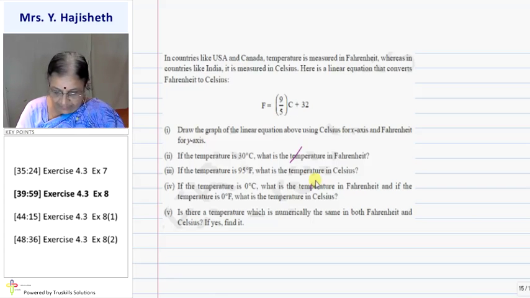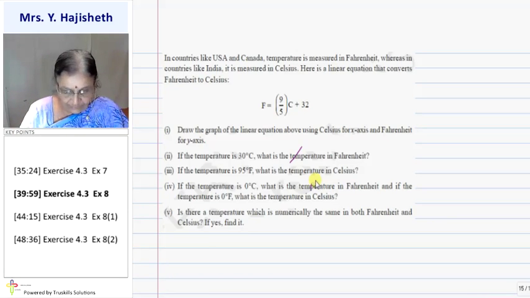And if temperature is 0 degree centigrade, what is the temperature in Fahrenheit? And if temperature is 0 degree Fahrenheit, what is the temperature in Celsius? Also, is there a temperature which is numerically the same in both F and Celsius? If yes, find it. 5 सवाल पूछे हैं.